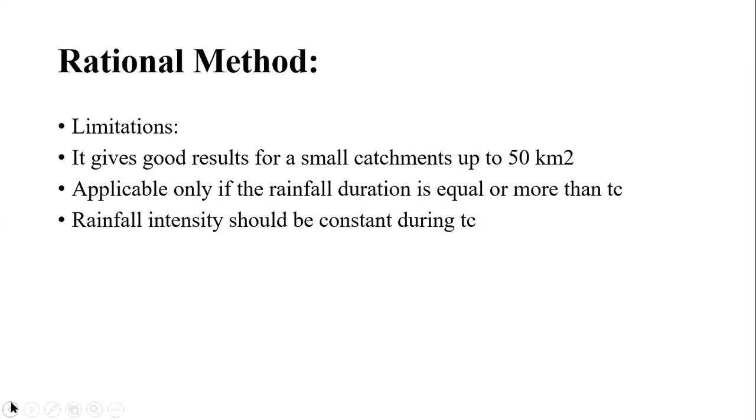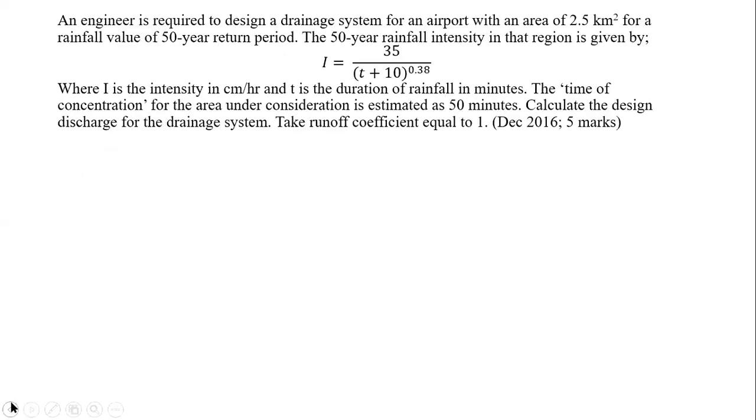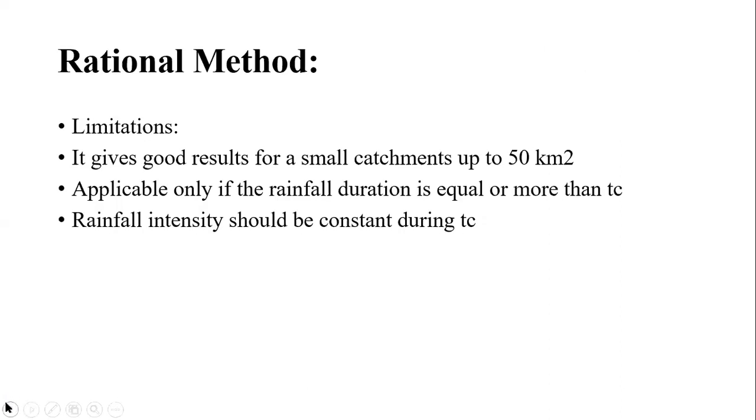Why will it be so? Here, as the C indicates the obstructions or a coefficient which governs the obstructions, beyond the 50 square kilometer area, whatever the catchment conditions will be, that is regarding the soil conditions and other parameters, those conditions are going to change.